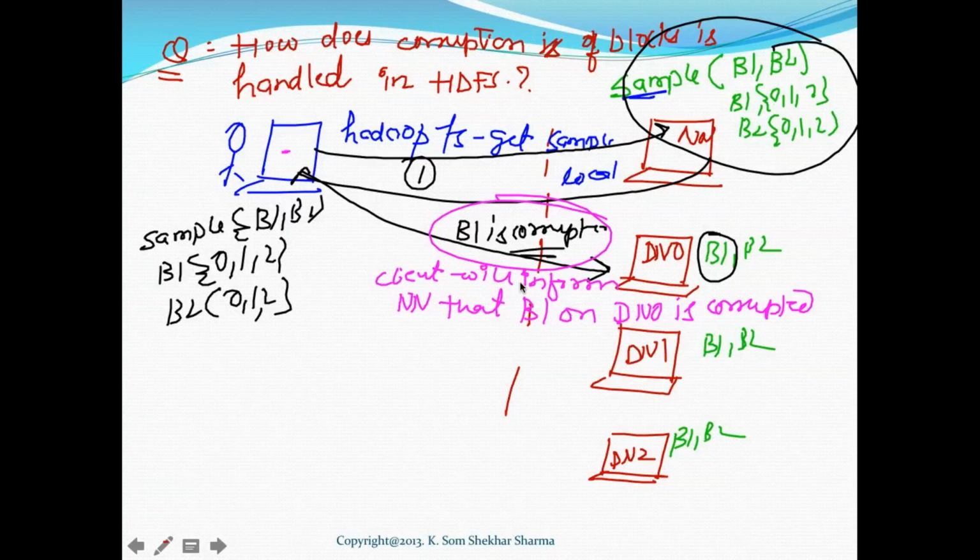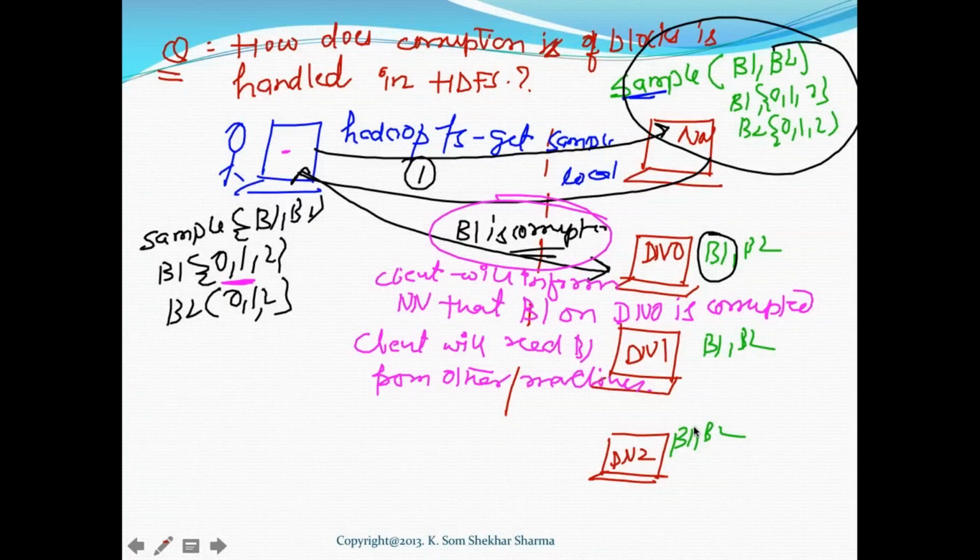And what will the client do? The client will read B1 from other machines because you have a replica, right? So the client will read B1 from other machines. Okay, now that is with respect to the client.